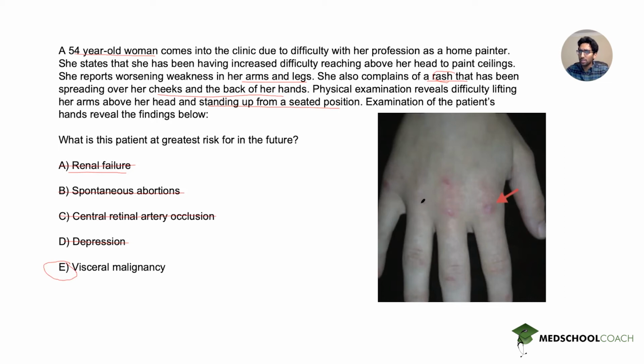The proximal muscle weakness is also associated with dermatomyositis, as the name suggests, involving both the skin as well as the muscles. And these patients are characteristically at a higher risk for visceral malignancy, as dermatomyositis can present as part of a paraneoplastic syndrome. So with that in mind, let's get into the details of the explanation of this question.